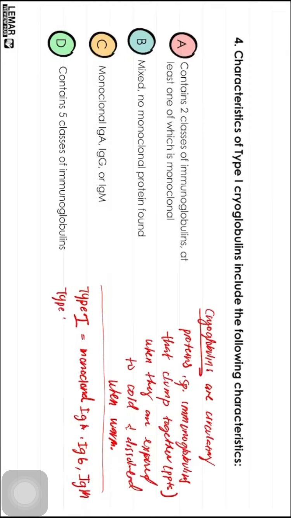While your type 2 cryoprecipitate is mixed, containing two classes of immunoglobulins, at least one of which is monoclonal. Okay, so we have your type 3 cryoprecipitate. Okay, this is mixed.